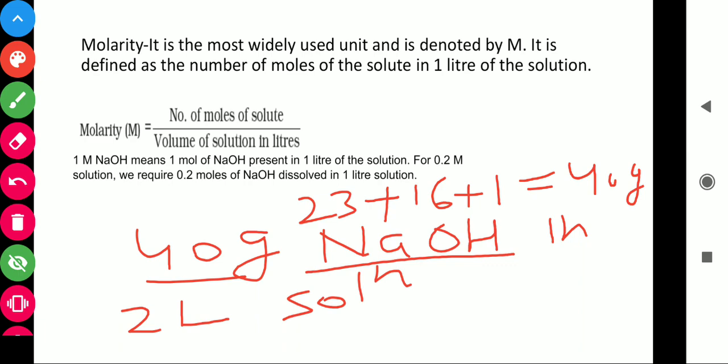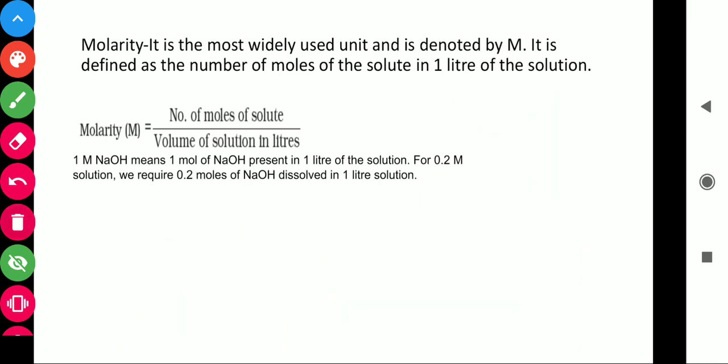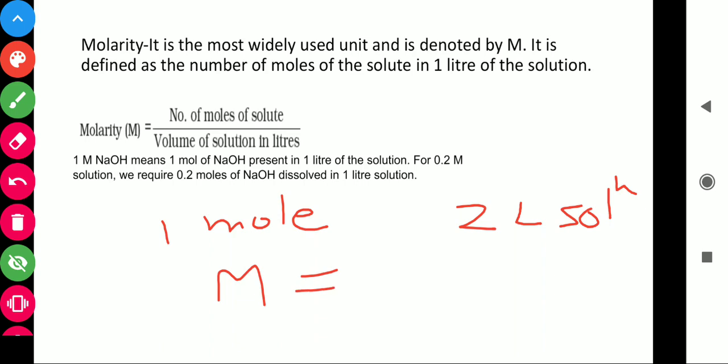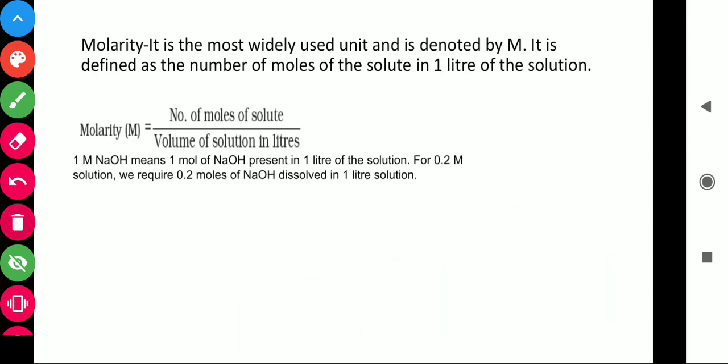Now the number of moles of NaOH will be 40 by 40. It means 1 mole. So 1 mole NaOH is present in 2 liter solution. Then its molarity will be 1 by 2, that is 0.5 M. In this way we can calculate the value of molarity.